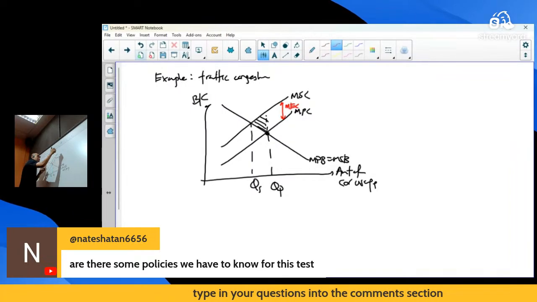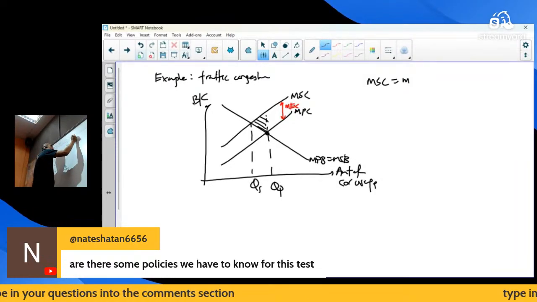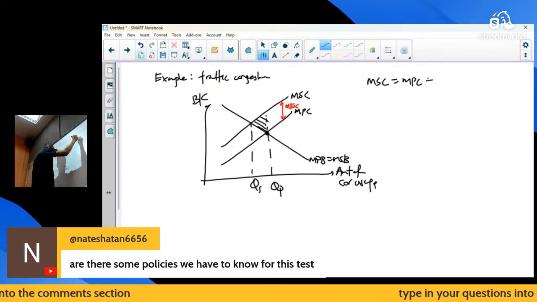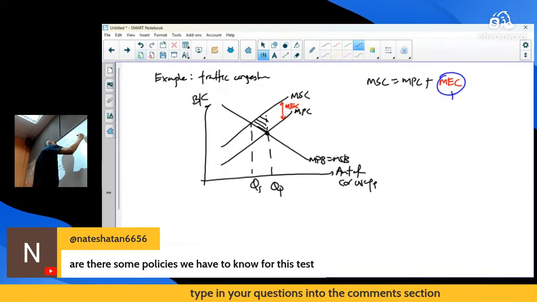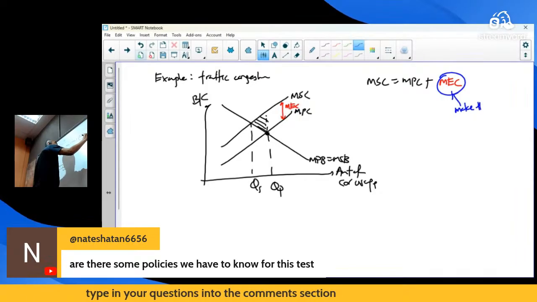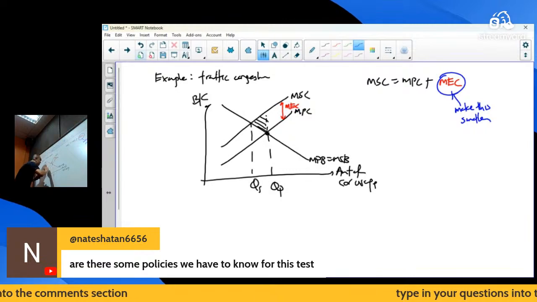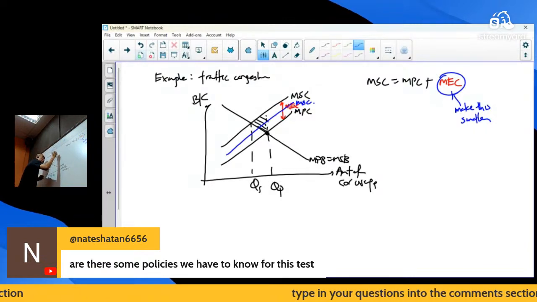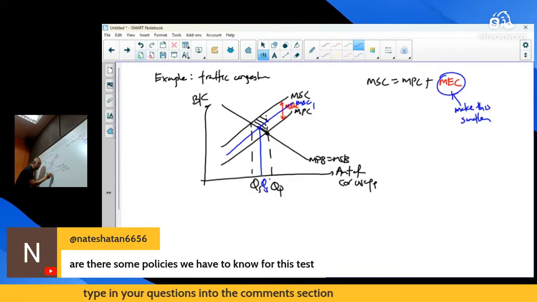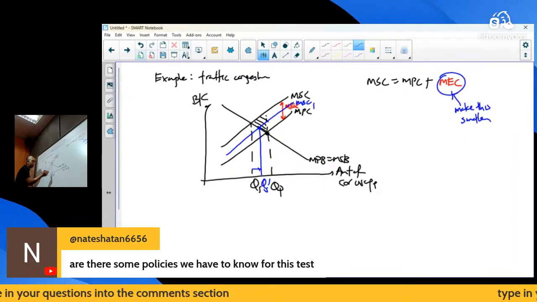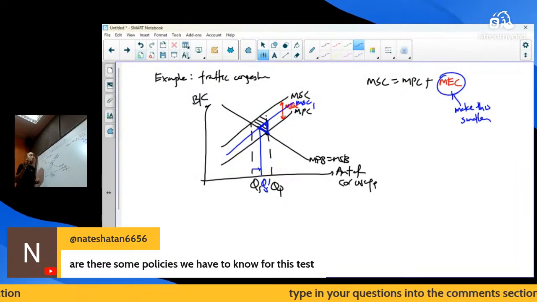So MSC is equal to MPC plus MEC. If you can somehow make this smaller, then you are bringing the MSC closer to the MPC. So instead of QP falling to QS, it is QS rising to QP, and your deadweight loss becomes a smaller amount.